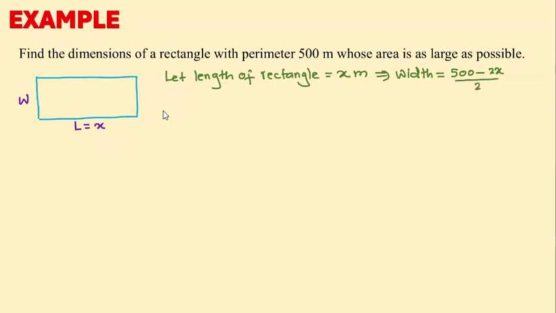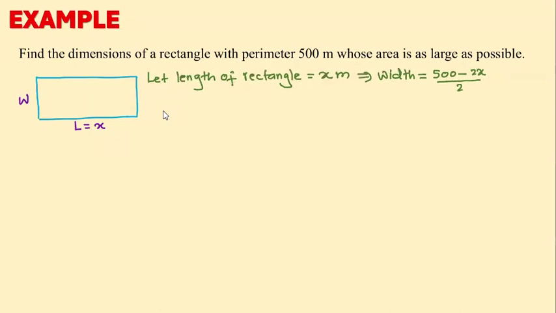That is the width of the rectangle, because if you subtract 2 lengths, the remaining will be the width. We divide that by 2. So this will be 125 minus x. Okay, so if the length is x, the width is 125 minus x.